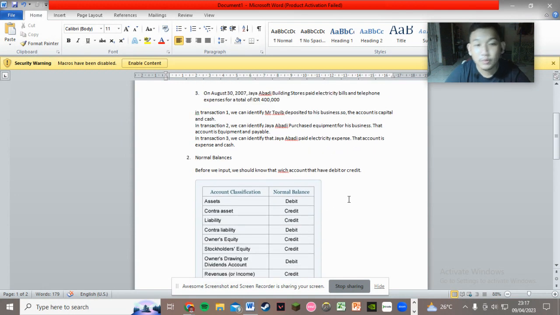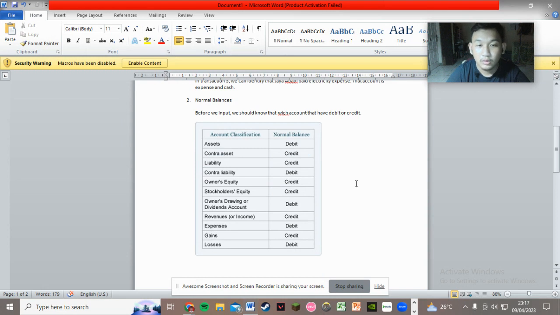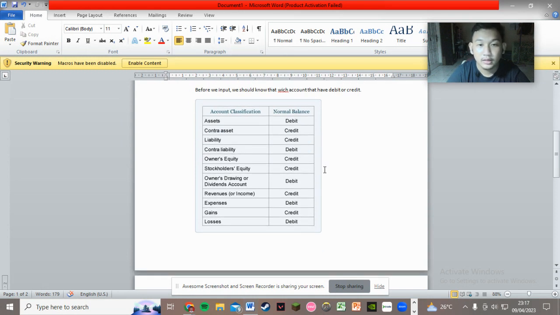Before we input, we should know which account has a debit or credit balance. We should know this classification. Assets have a normal balance of debit. If you don't know what normal balance means: if an asset increases, it will be reported on the debit.